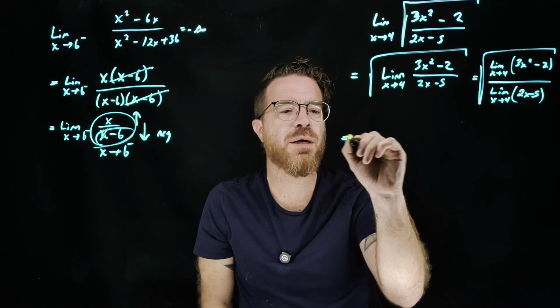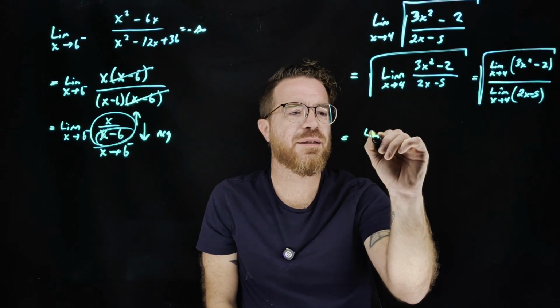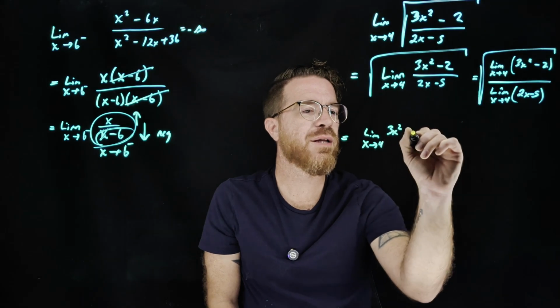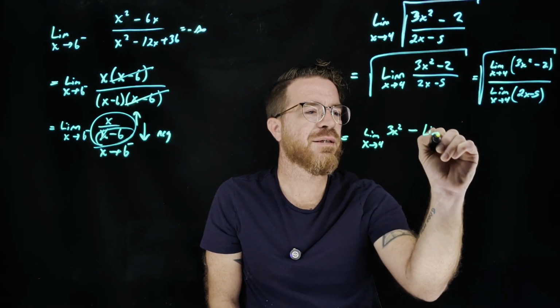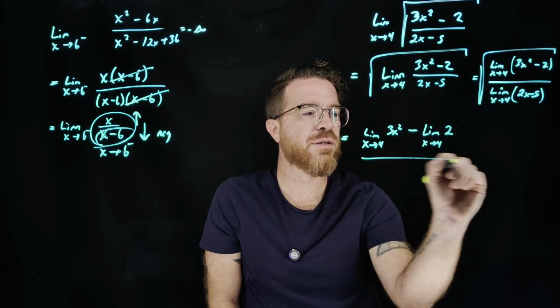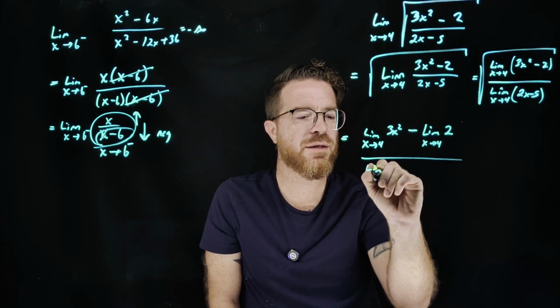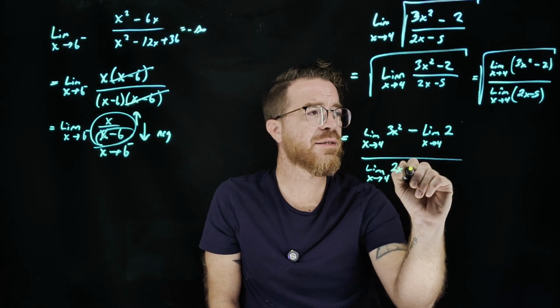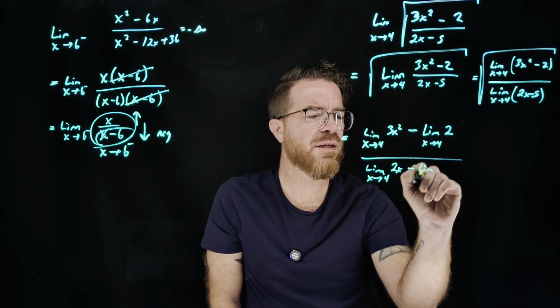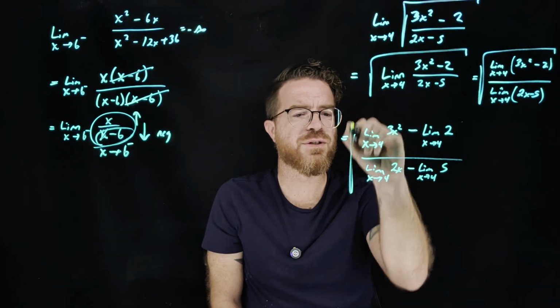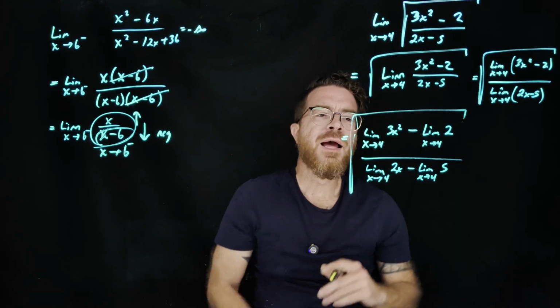So this is going to become the limit as x approaches 4 of 3x squared, minus the limit as x approaches 4 of 2, divided by the limit as x approaches 4 of 2x, minus the limit as x approaches 4 of 5. And of course, we have the square root of the entire thing.